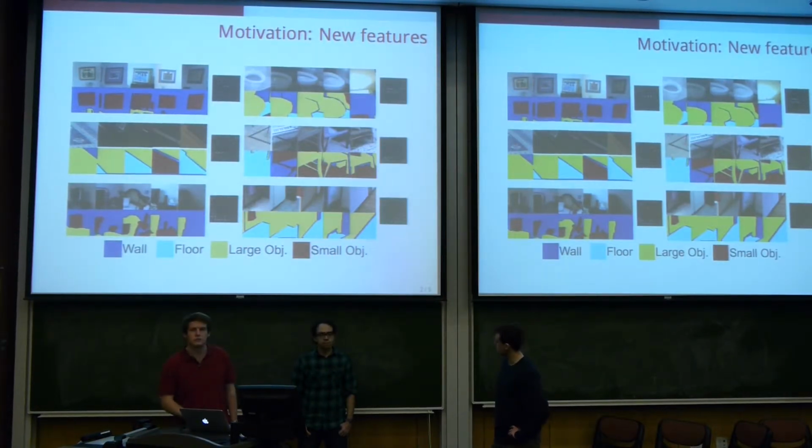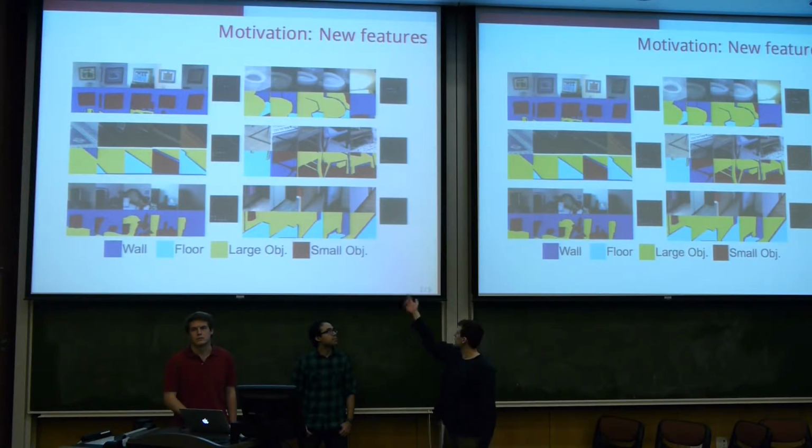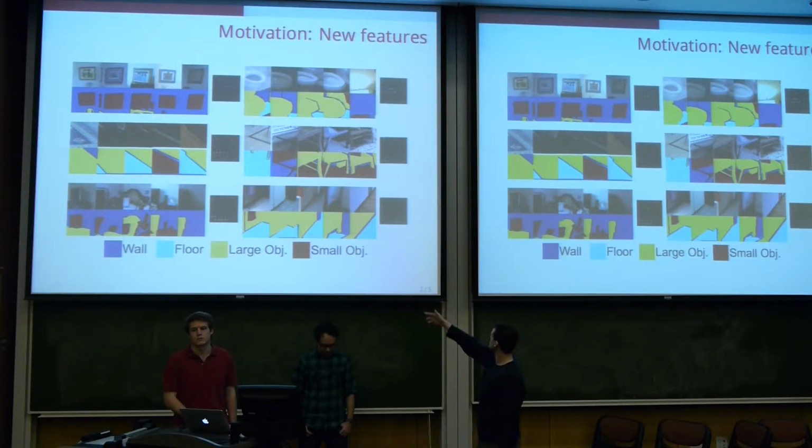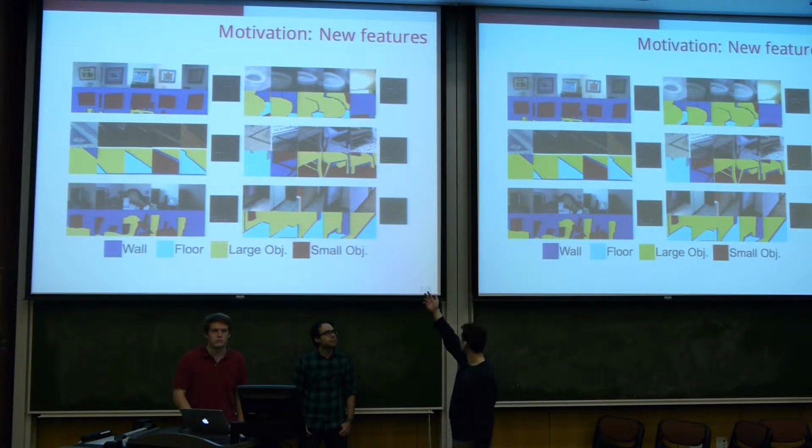So our project is motivated by recent work in unsupervised feature extraction in computer vision. What you see above are clusters in image gradient space. They might represent things like toilet bowls, portraits on a wall, legs of furniture.